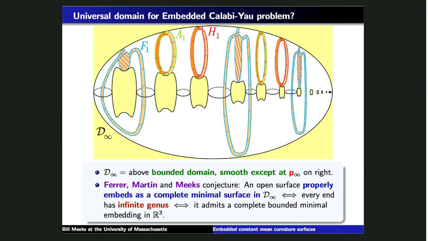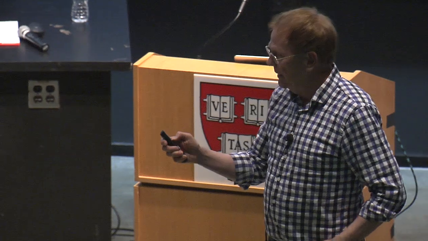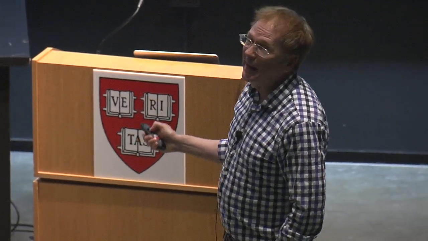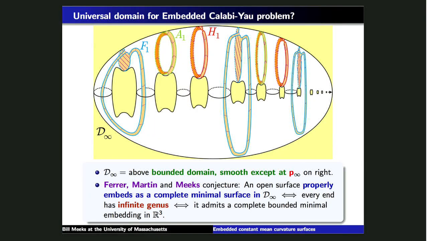Or take any non-orientable surface such that every end of it is non-orientable. That would also work. So you can have examples with an uncountable number of ends. You think of really complicated surfaces. But the claim is every one of them will embed in here as a minimal surface, not just embed, but properly embed. It will properly embed in this open domain.